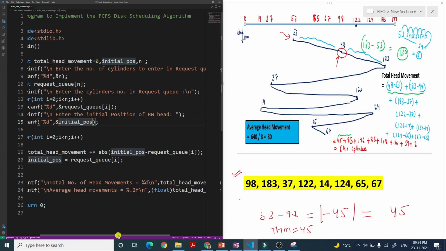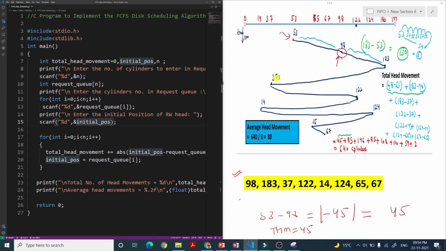Then again when we come to this 37, we want the subtraction from the previous position, that is 183 minus 37. So we have to again change the initial position: the request key of 1 goes into the initial position, so the initial position becomes 183.